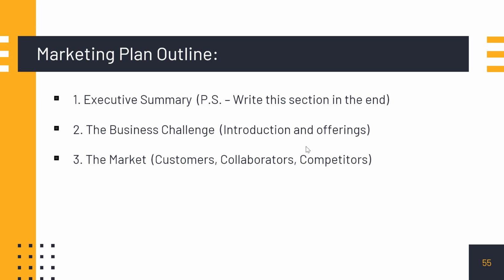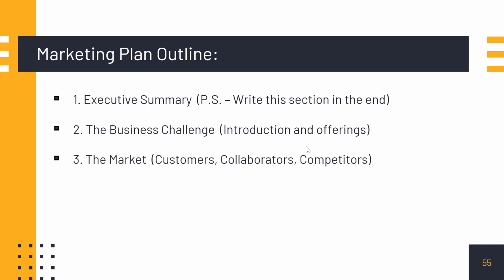Then we go on to the market, knowing the exact target audience, knowing who the customers are, why we are targeting those customers. If we were to change the target audience, would it make sense for you to have the same menu, or do you have to renovate the menu? Who are the collaborators, who are the suppliers, who are the people you are going to collaborate with, and are you going to bring in event management companies?